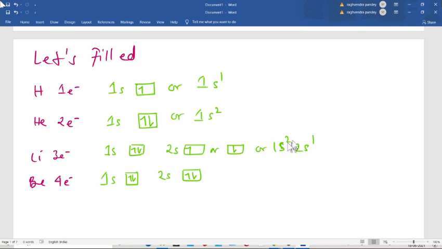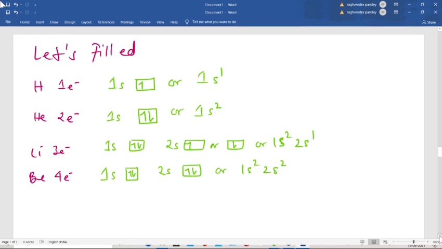So electrons are written in the form of a power. This power 1 means it has 1 electron, 2 means 2 electrons. So for beryllium we can write 1s2, 2s2.